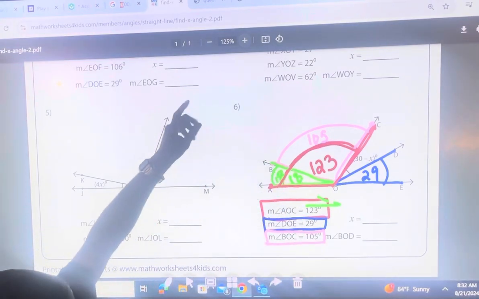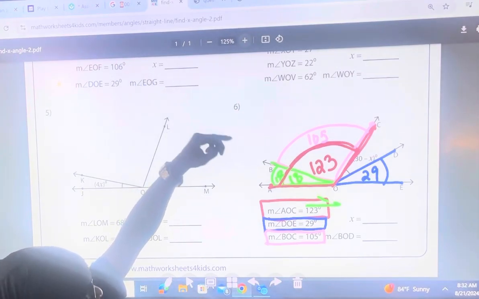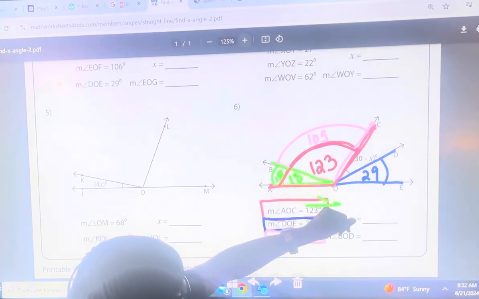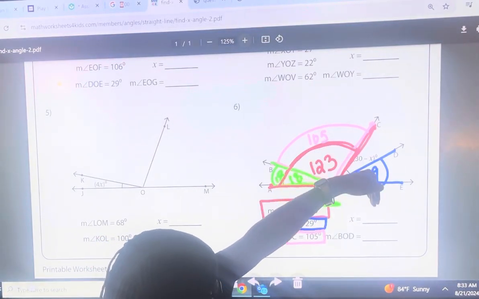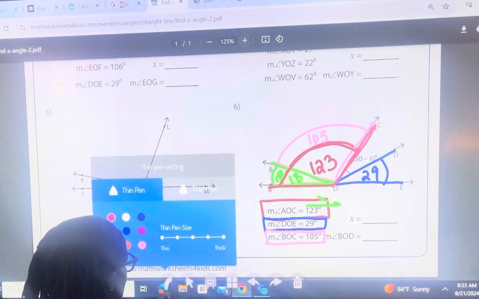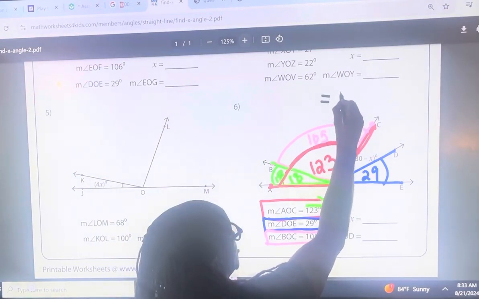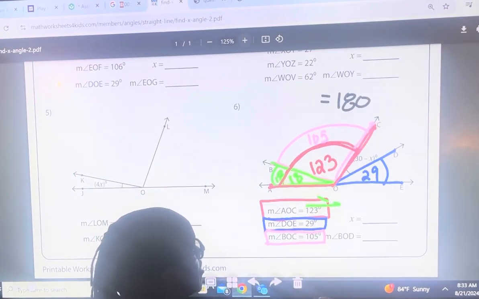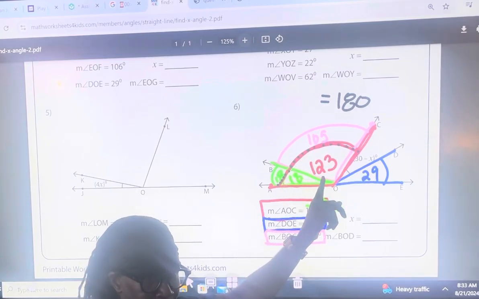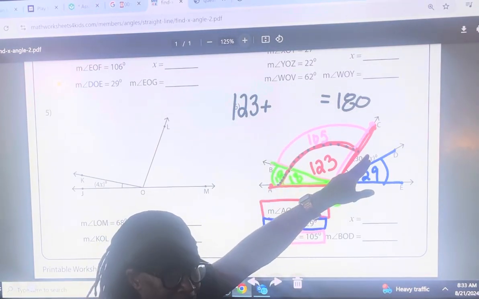So now we're gonna have to solve for the X, which will set everything to 180. What you can do is go 123 plus 30 minus X plus 29. Let me show you what I mean. If we know this whole thing is set to 180, you want to take your entire 123 and add that to what?